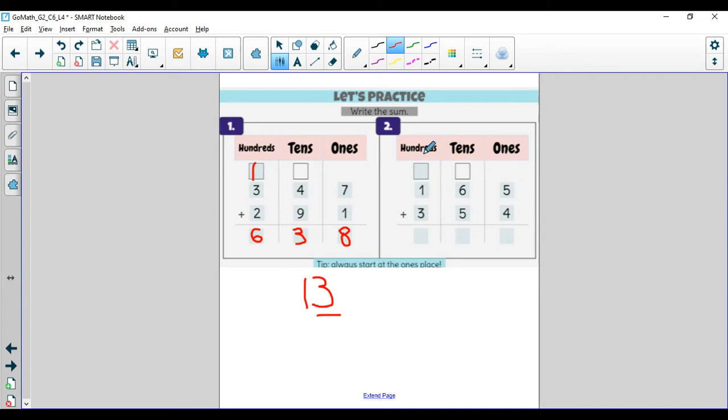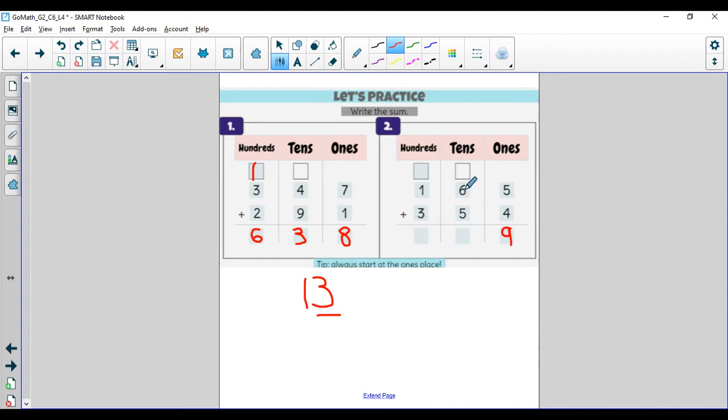All right, welcome back. 165 plus 354. 5 plus 4. 4 plus 4 is 8, plus 1 more is 9. Then we go to our tens column and we see 6 plus 5. 5 plus 5 is 10. Oop, I made a 10.